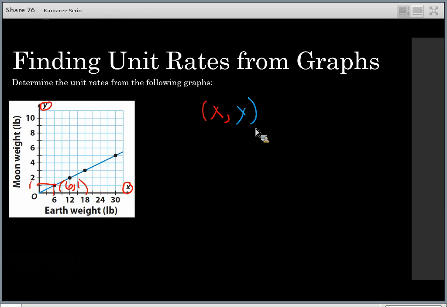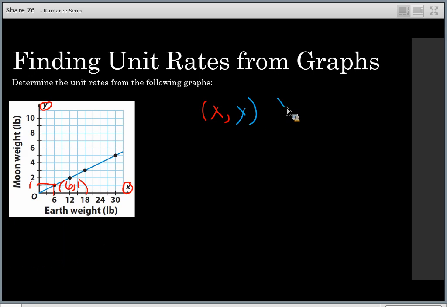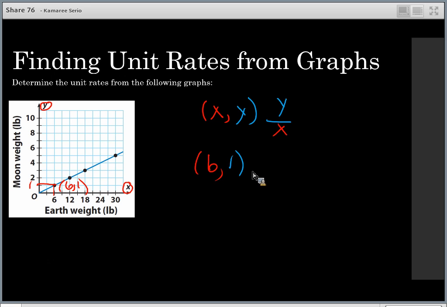This is my x and y, which means that when I write this as y over x, my coordinate pair is 6, 1. So I have 6, 1, which means that 1 goes in my numerator. So I have 1 over, and since my x is 6, 6 is going in the bottom.